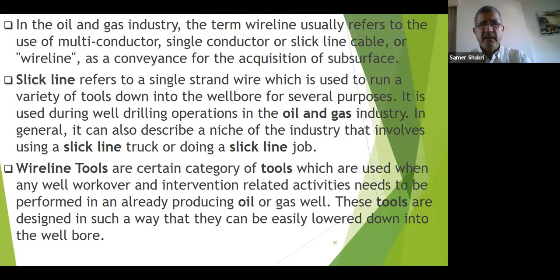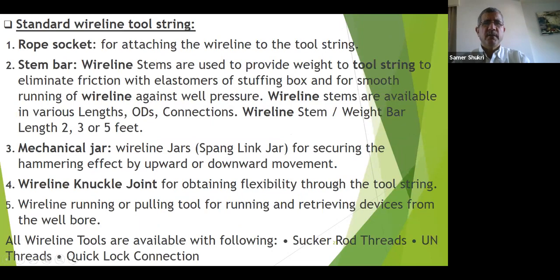Here we have slick line and the wireline tools that can be used. You can gain a wide range of knowledge by reading this data, and here we can take the standard wireline tool string, which mainly consists of rope socket, stem bar, mechanical jar, knuckle joints, and the running tools such as plug, safety valve, and so on.